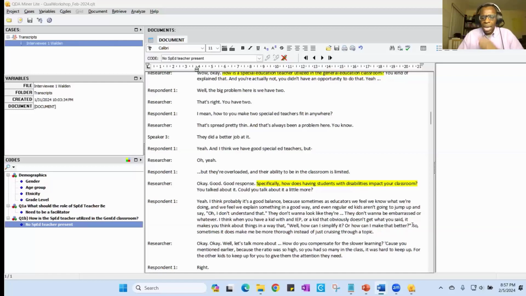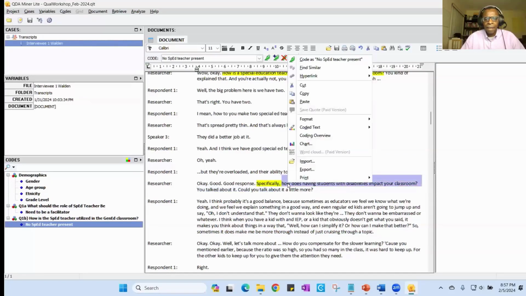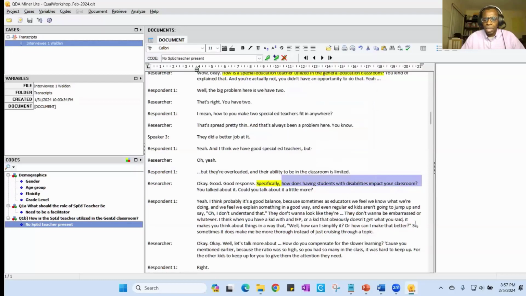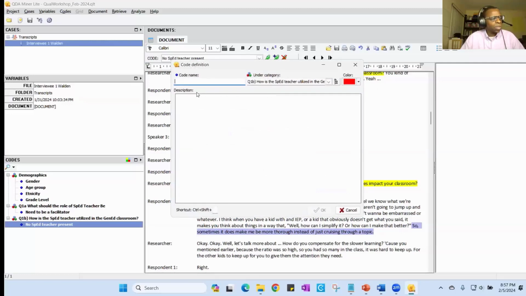Okay, so I like this one right here. Specifically, how does having students with disabilities impact? Okay, so here, sometimes it has me be more thorough instead of just cruising a topic. Boom, that's it right there. So I'm going to highlight this, copy it, and I'm going to highlight this, and then I'm going to go here, and this is going to be question 2A, and then I'm going to just paste.